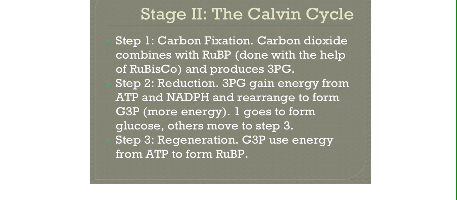The remaining G3P molecules use energy from ATP to form RUBP. So again, we are using every source of energy that we have, and remember, RUBP is in the first step, that 5-carbon molecule that starts the Calvin cycle, and this allows that cycle to continuously repeat and repeat and repeat. So this is a cycle in that it goes on and on and on.